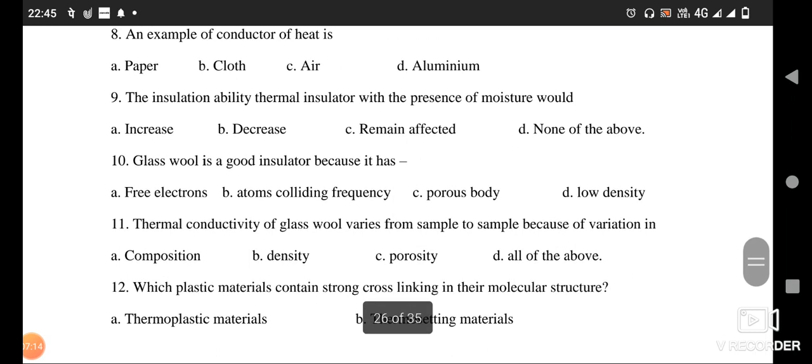Then after that, MCQ number 9: the insulation ability of thermal insulator with the presence of moisture would be.